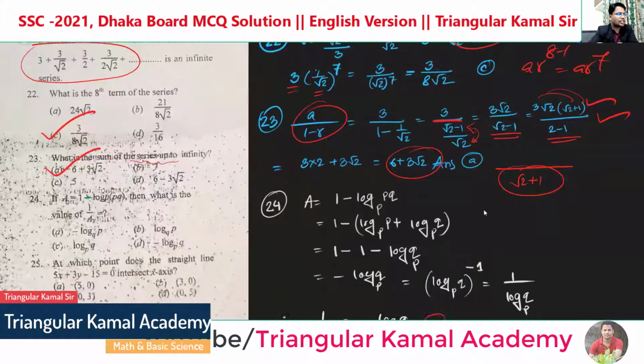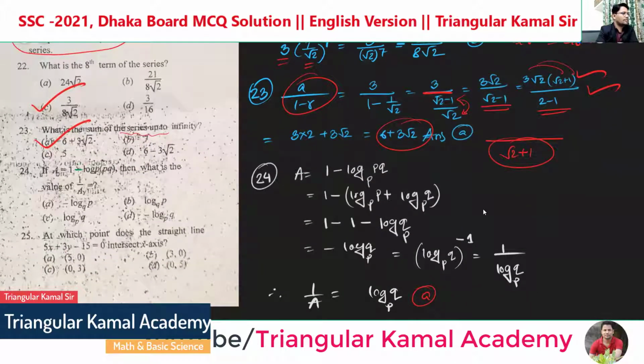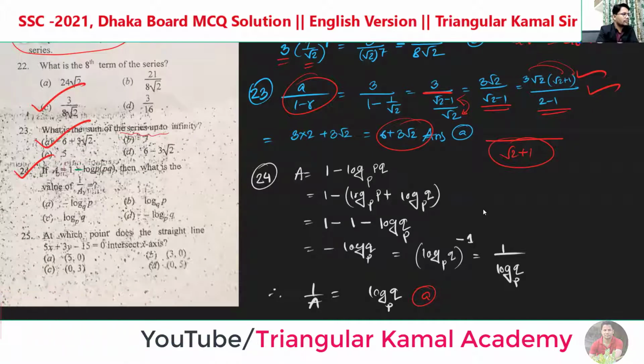And this is the next question, question number 24. A equals 1 minus log. There is a mistake here. There will be 1 minus log, P is here the base and this is PQ. So now take the minus common and multiply means addition. So this is 1 and do P base and log both are the same.